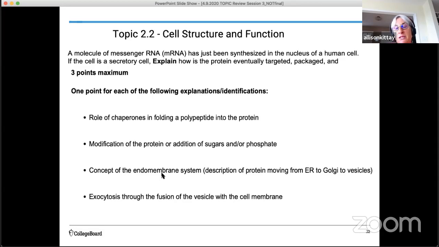In other words, that protein is moving from the ER to the Golgi, where it is packaged up into vesicles, and those vesicles are moved to the surface, and then they fuse with the cell membrane, and that protein would be released to the outside through the process of exocytosis.